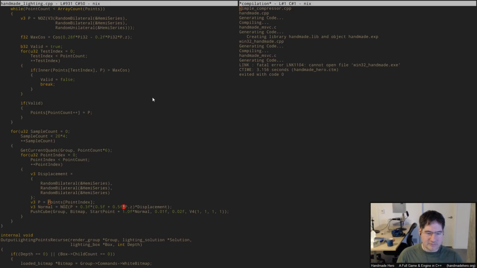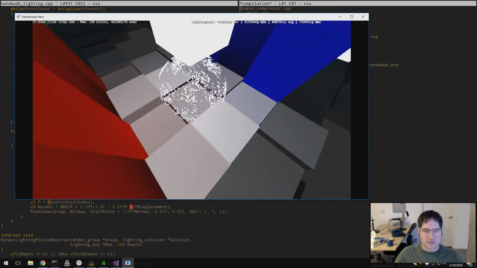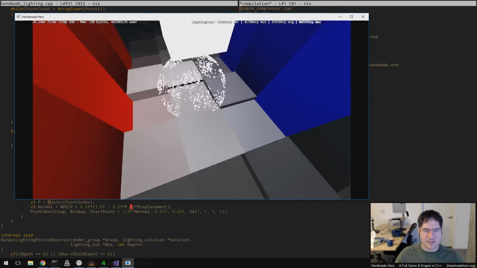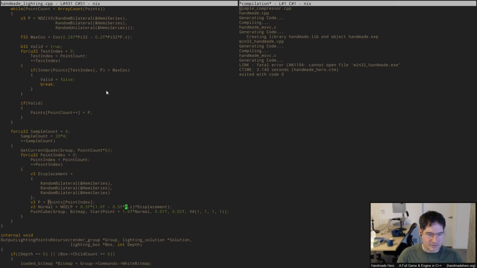So as the Z gets lower, we want more. I guess that actually means we want this kind of a thing, right? So we get the maximum when Z is lowest, and the minimum when Z is highest. So something like that. I'm not sure exactly how much that should factor in, but something like this.